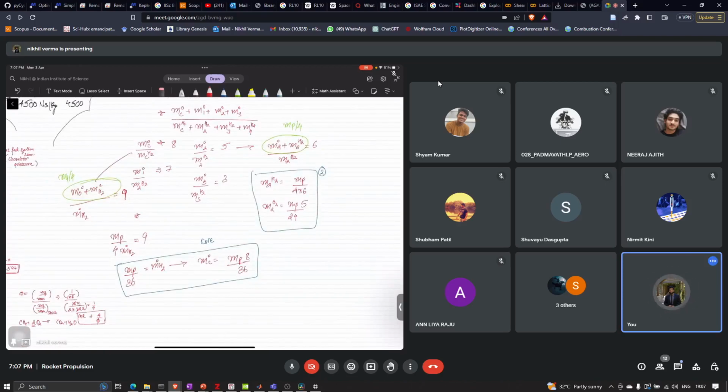Similarly we can use this. So this is M2 oxidizer is 8 plus M2 H2 divided by M2 H2. So this is again MP by 4 into 8 is M2 H2.